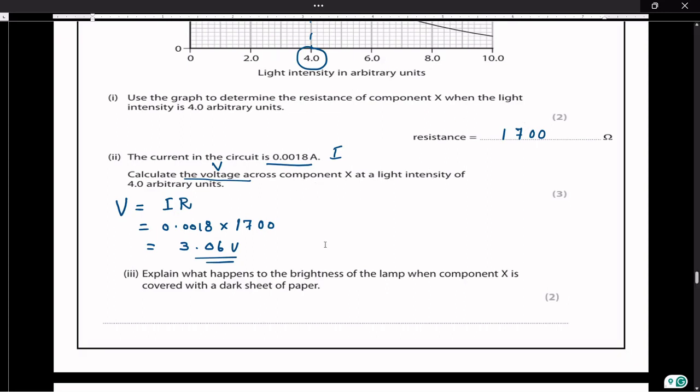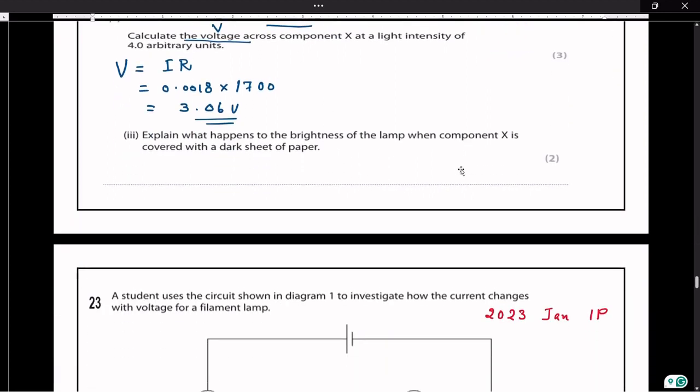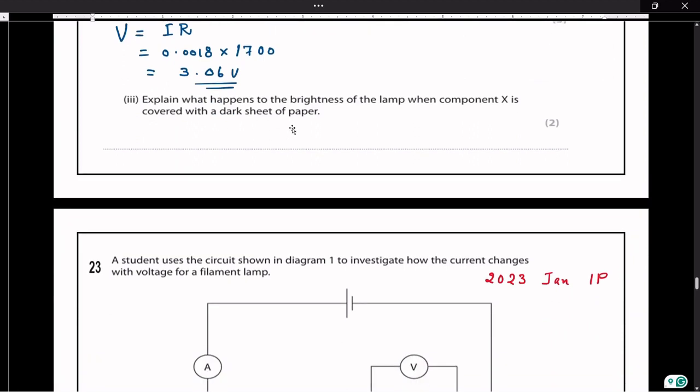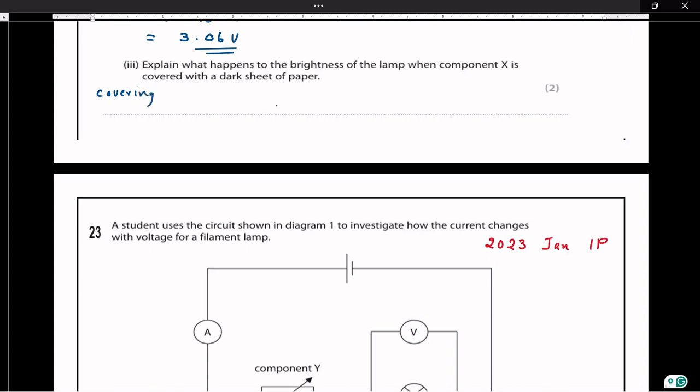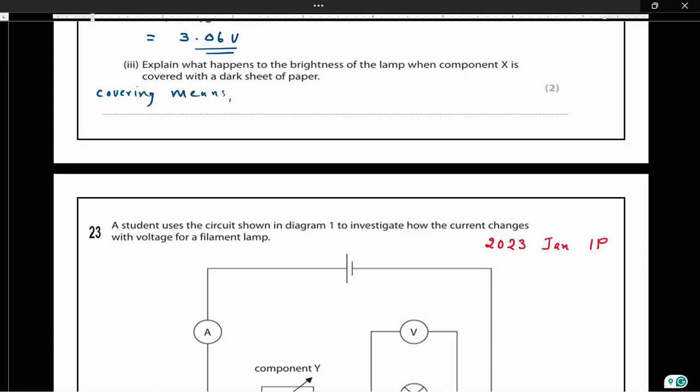Now explain what happens to the brightness of the lamp when component X is covered with a dark sheet of paper. Covering with a dark sheet of paper means it is blocking light, isn't it? So light intensity decreases. So what is happening?